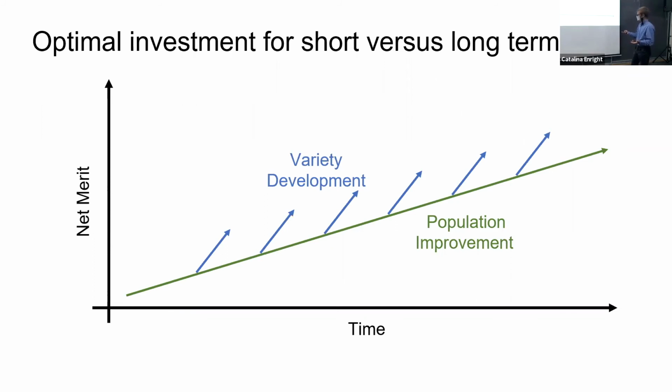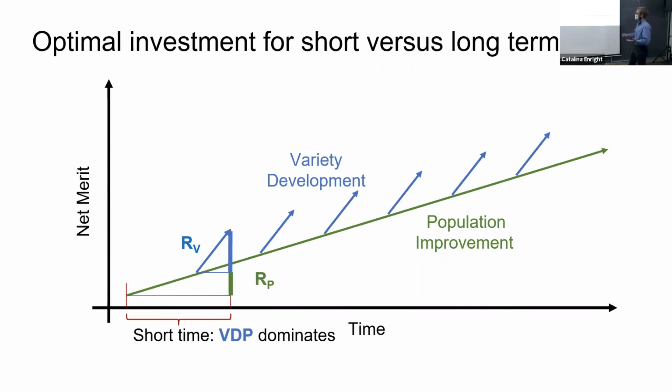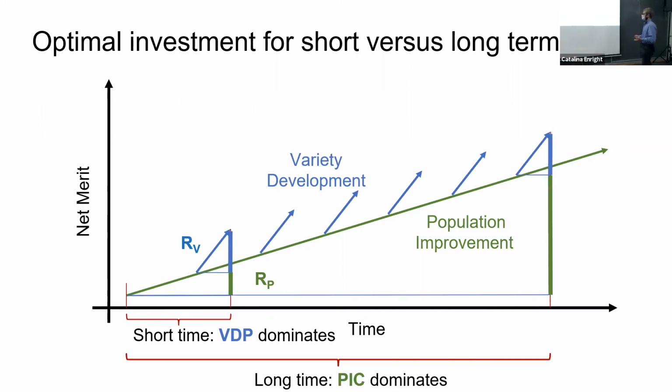And so if you have a short time frame, the overall gain, so you start from here and then you end up here, the overall gain is dominated by the variety development pipeline. You look at long-term gain, again, I'm starting from here, now I'm going all the way to here. Here, the difference is dominated by how well my population improvement goes, okay? So that would suggest that you need to pay more attention to population improvement if you want high long-term gain than if you want just short-term gain, right?